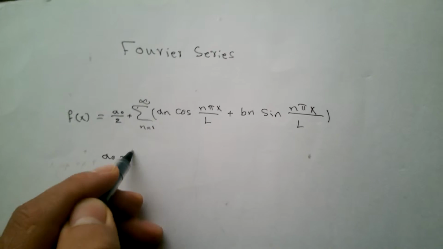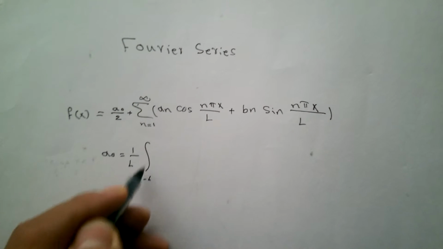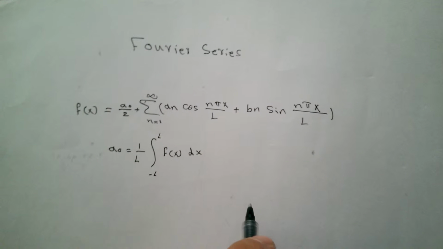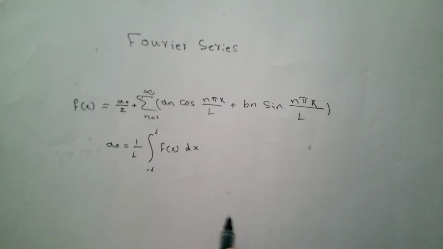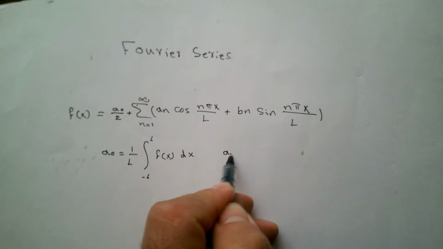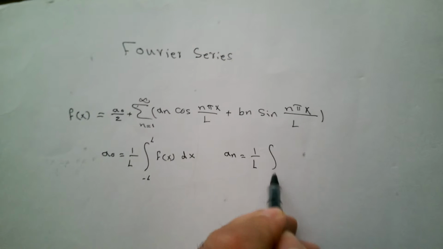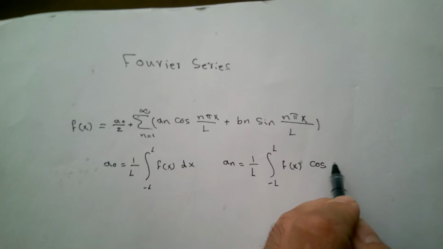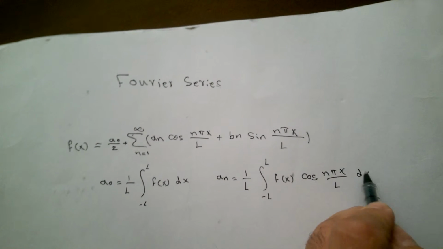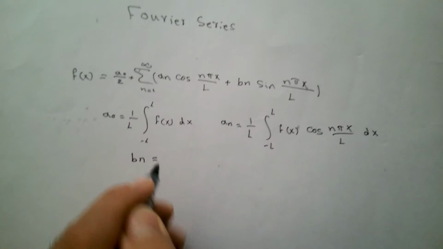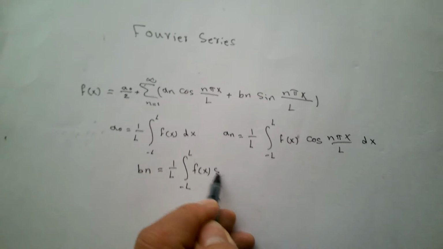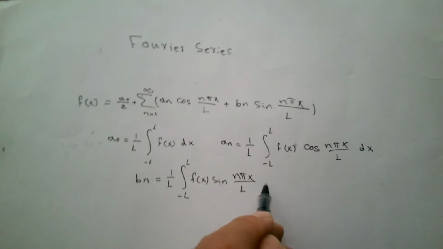A naught is equal to 1 over L integral from minus L to L f(x) dx. f(x) is a given function that we want to change to a Fourier series, and an is equal to 1 over L integral from minus L to L f(x) cosine of n pi x over L dx, and bn is equal to 1 over L integral from minus L to L f(x) sine of n pi x over L dx.